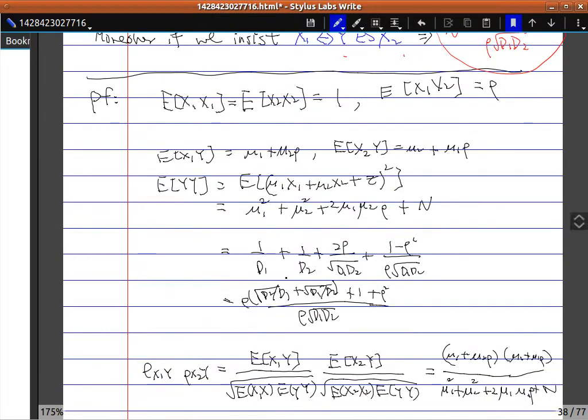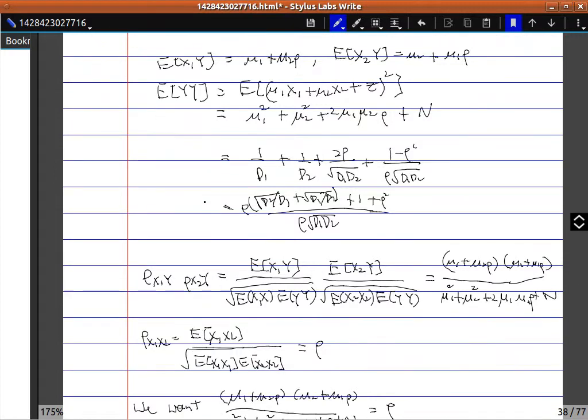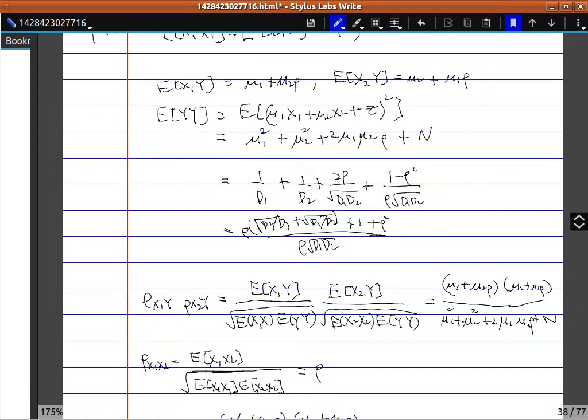If we have three Gaussian random variables, x1, x2, and y, and x1 is conditionally independent of x2 given y, then the correlation coefficients satisfy rho x1 y times rho x2 y equals rho x1 x2.